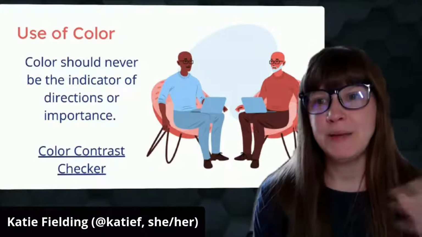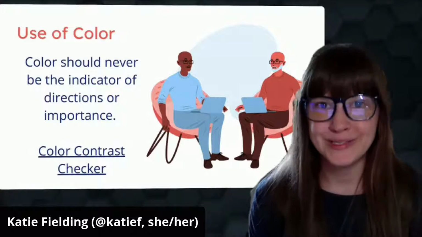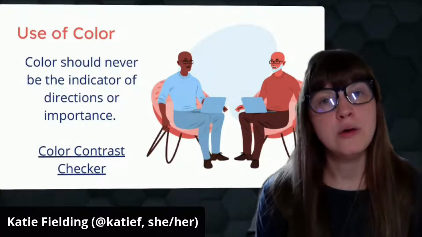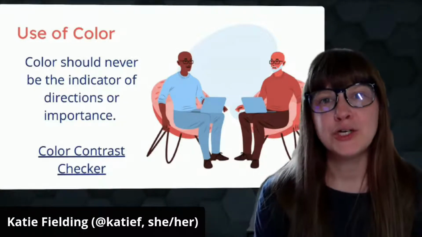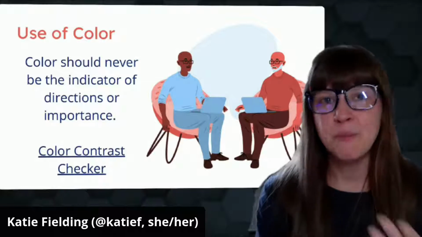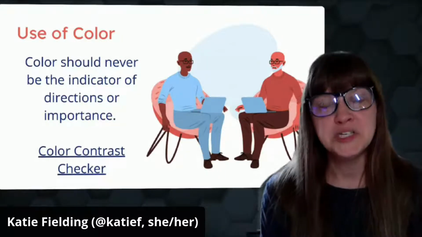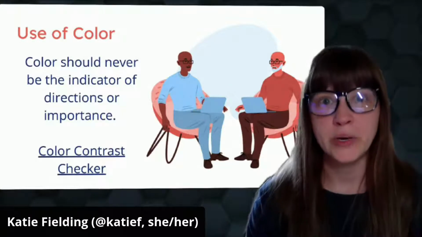So definitely colors should not be used as directions or to highlight importance. Another thing with color is contrast checking. And I'll show you a website you can do this with in a moment. But checking to make sure that the text and the background color are a good contrast so that those people with low vision can clearly see the words is also an important thing to do when creating content.